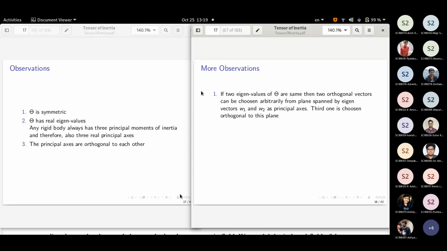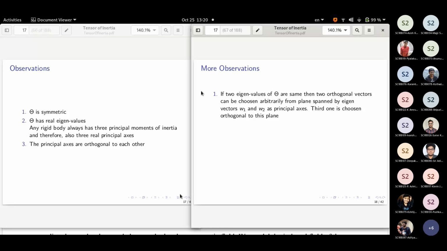For a right circular cylinder, if you choose the z-axis as the longer axis of your cylinder passing through the center, then the x and y axes can be anywhere in the plane orthogonal to the z axis.